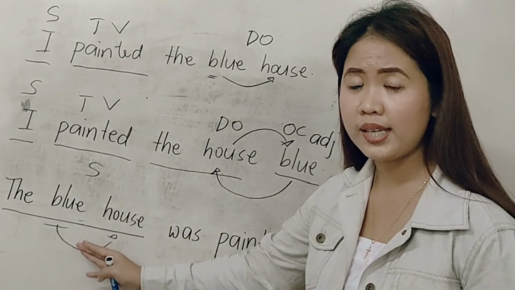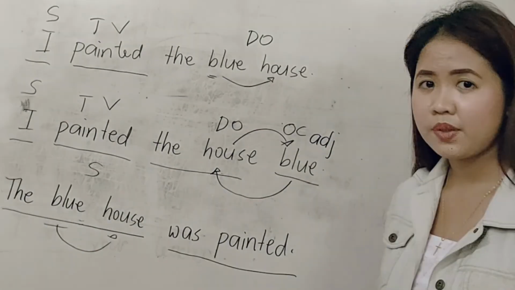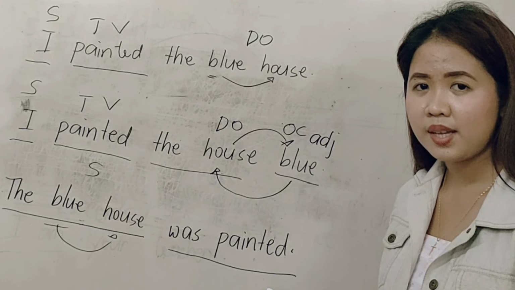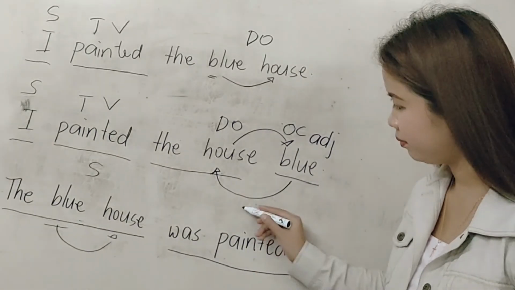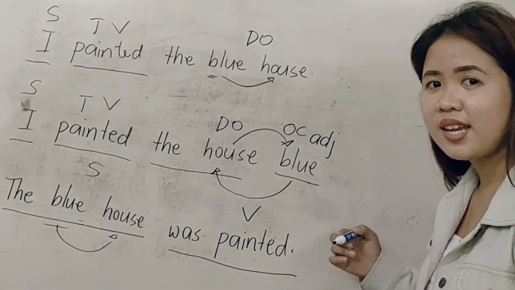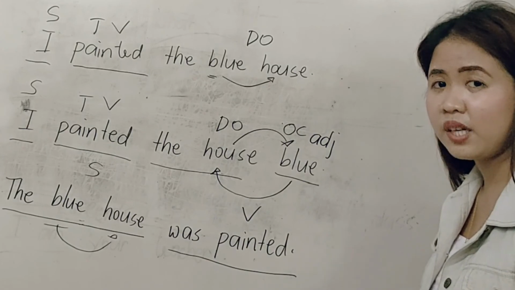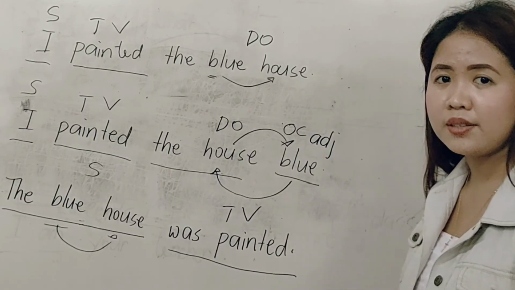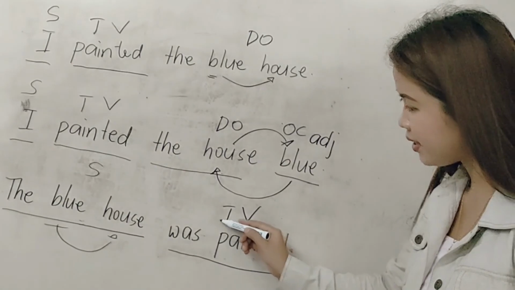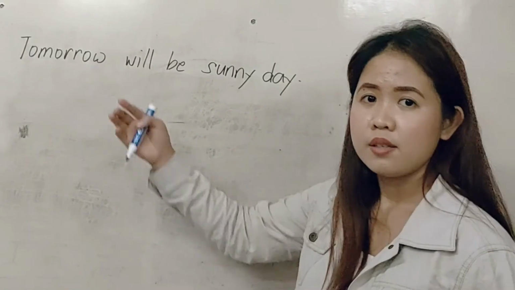This is what we call a complete subject. Okay. Was painted is a verb. This sentence is complete already without direct object. Meaning to say we have intransitive verb.